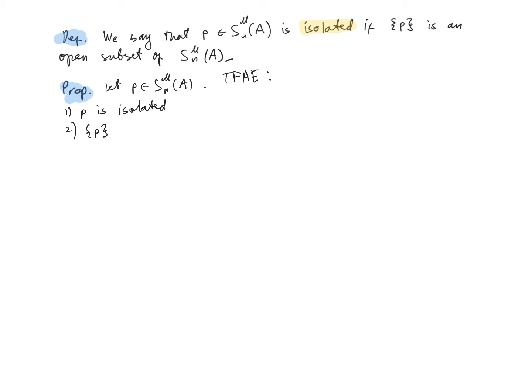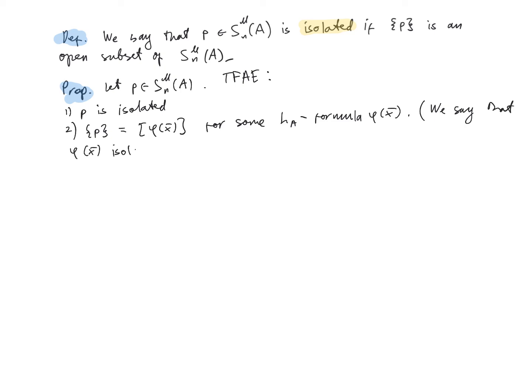The set consisting of a single element p is of the form square brackets phi of x bar for some LA formula phi of x bar. In this case, when this equality holds, we say that the formula phi of x bar isolates p.